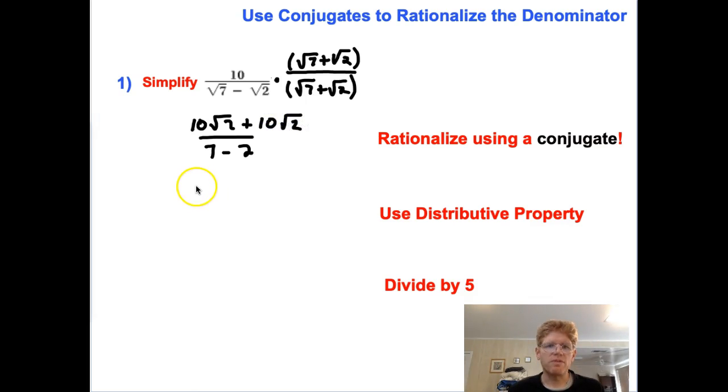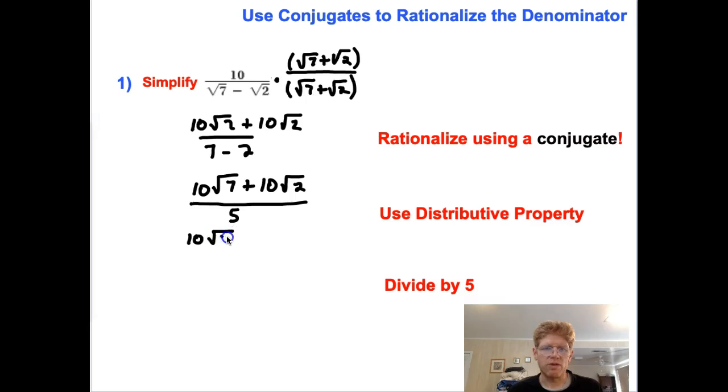And then we will simplify just a bit further, and we'll get 10 square root of 7 plus 10 square root 2 over 7 minus 2, which is 5. Now, that, of course, is 10 square root 7 over 5 plus 10 square root 2 over 5. And those can be simplified.